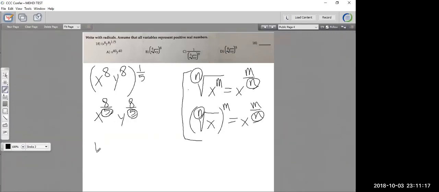So this one, if I want to write it as a radical, this would be the 5th root of x to the power of 8. I can put the 8 over here, or I can put the 8 over here. It's up to me how I want to put that one. Similarly, the next one would be the 5th root of y.